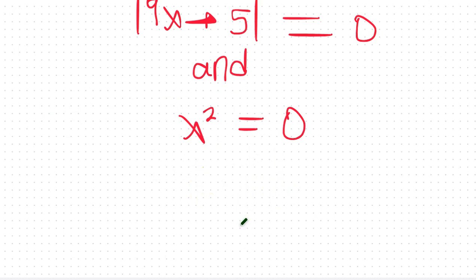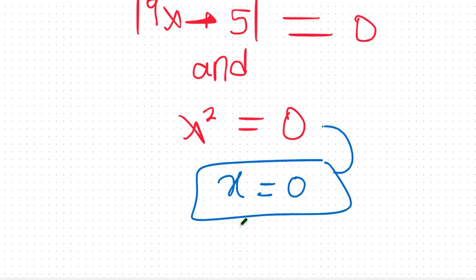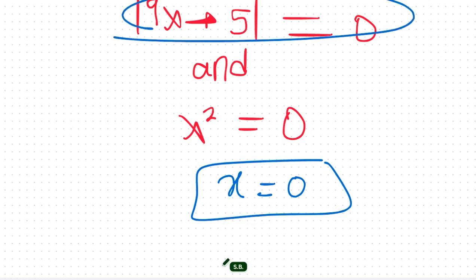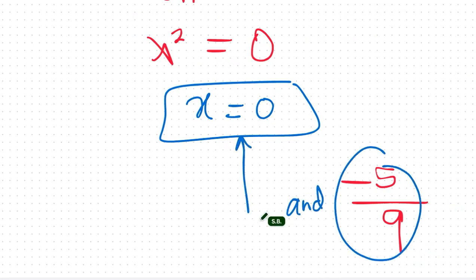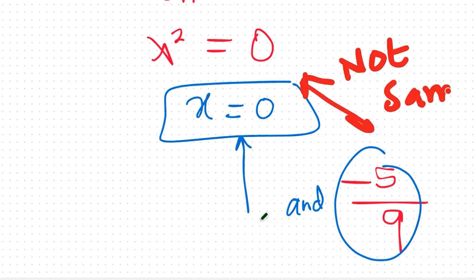So 0, right? So this condition says that x is equal to 0. But the previous condition says what? X is equal to minus 5 by 9, right? So x has to be this and x has to be this was the condition. Clearly they are not the same. Therefore, no common solution. No solution.